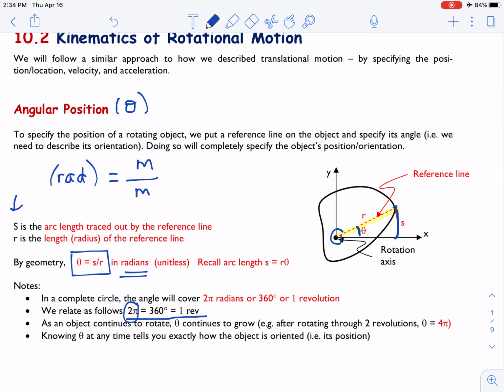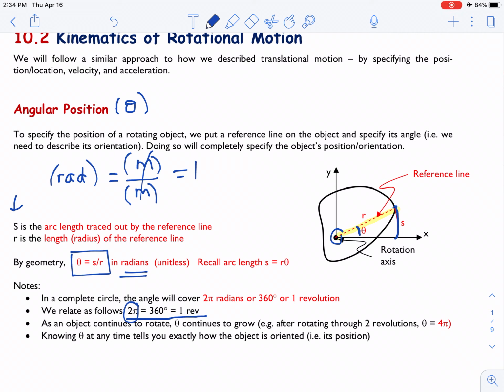Radius is also linear length, so we're going to use another meters. So what you're getting is there's no unit here, right? So they cancel out. So radians is unitless, but degrees and revolution is not. So you have to make sure that when you're calculating angular position, you convert whatever is given, if it's degrees or revolution. If it's not in radians, then you need to convert it to radians.